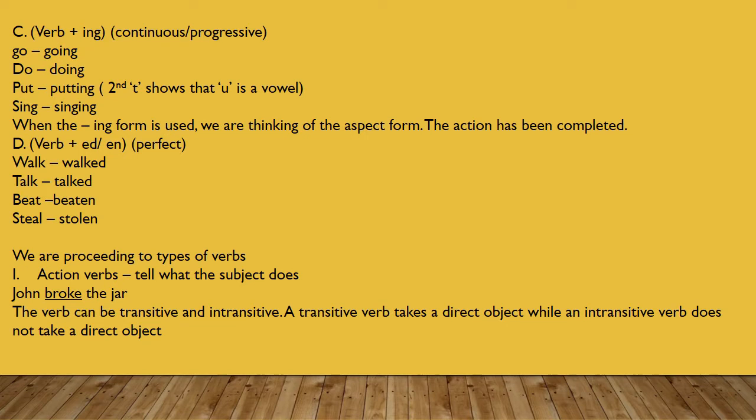The verb can be transitive and intransitive. Thus, it can either be transitive or intransitive. A transitive verb takes a direct object, while an intransitive verb does not take a direct object.